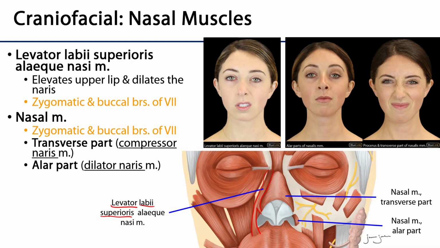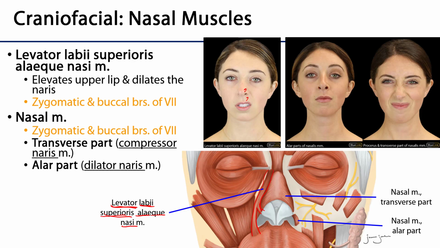And there's also this little slip of muscle that goes to the ala, or the wing of the nose. That's the area above the nostril. So elevates the upper lip and also the wing of the nose. So levator labii superioris alaeque nasi is going to dilate the nostril and elevate the upper lip.